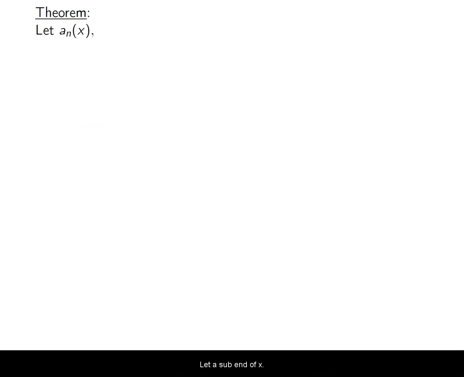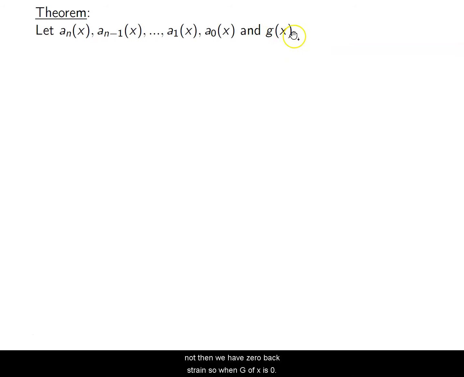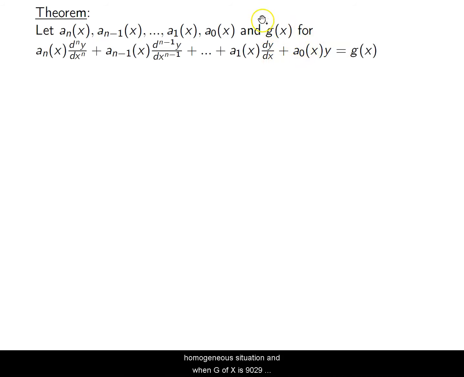Let a sub n of x, a n minus 1 of x, right, up until a1 and a naught of x, then we have g of x, right? So when g of x is 0, that's generally when we're going to be in a homogeneous situation, and when g of x is non-zero, it's a non-homogeneous equation.